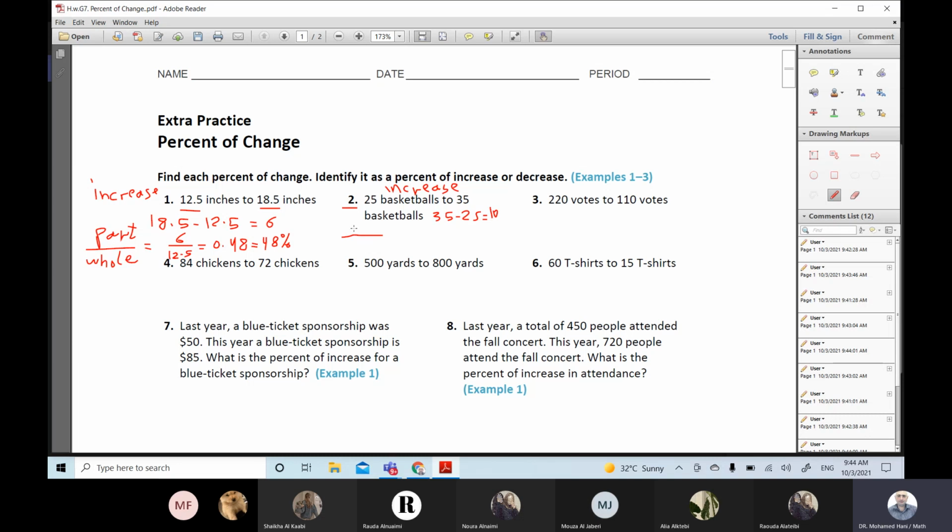The part will be 10 over the whole will be 25. Now we can divide 10 divided by 25. The answer will be 0.4. Write it as a decimal, then write it as a percent will be 40%.